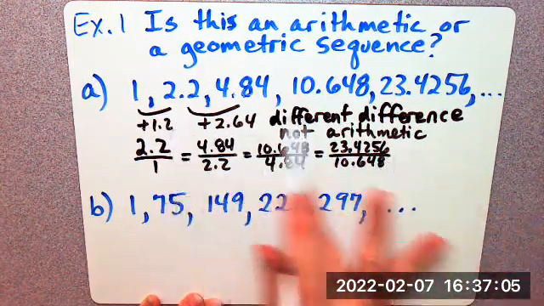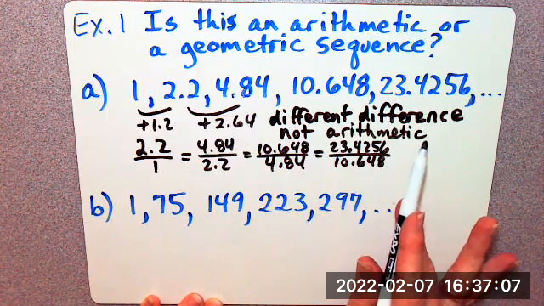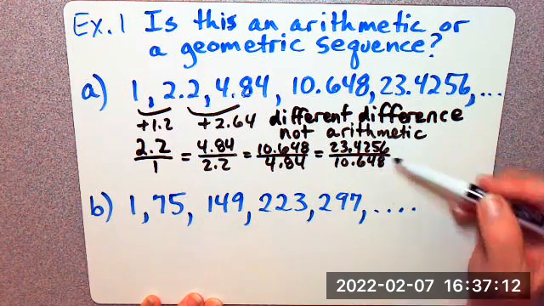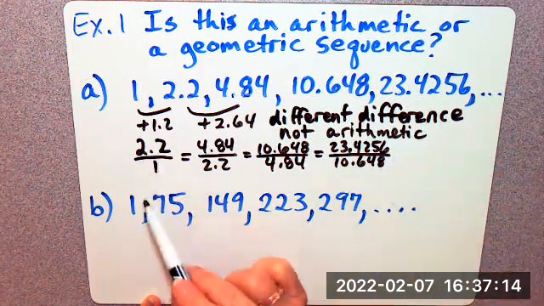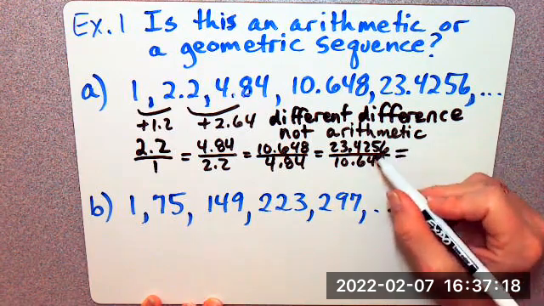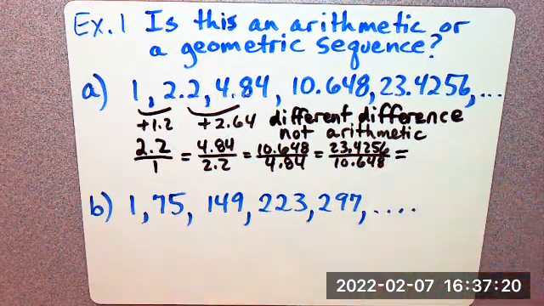Now, if we knew this was a geometric sequence, of course we're not going to divide this one by this. We're going to go with the common ratio we know would be 2.2. So they all should be equal to 2.2.